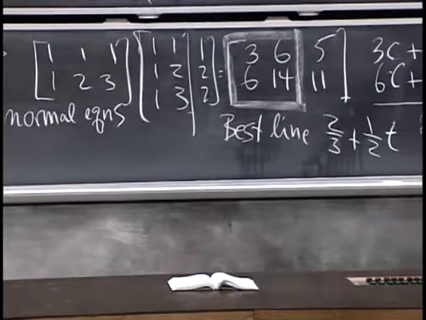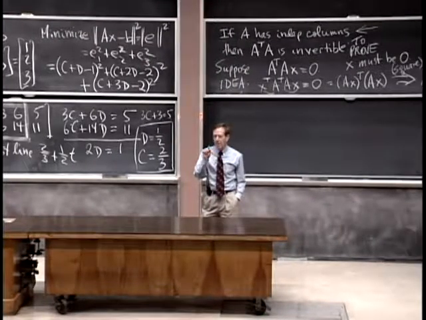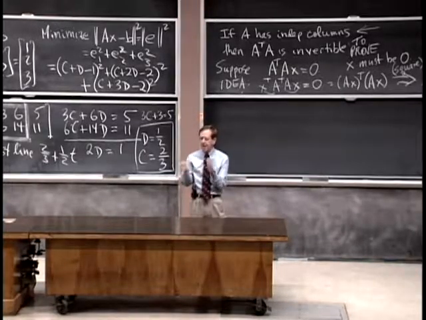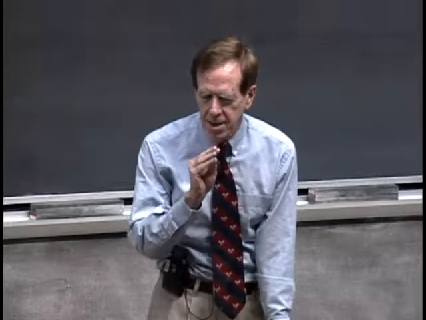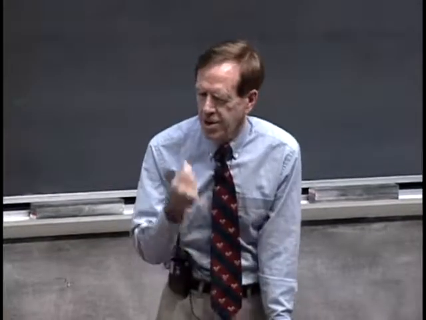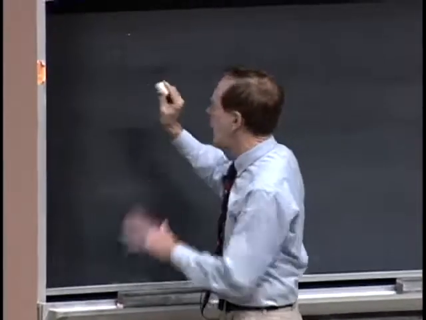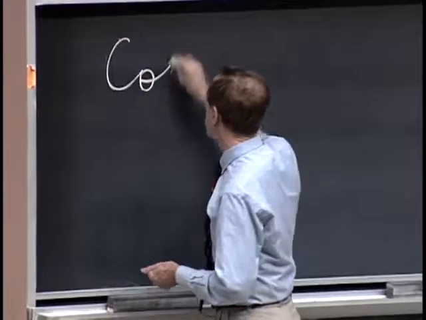There's one case of independent columns where the geometry gets even better. There's one case when columns are sure to be independent, and let me write that down, and that'll be the subject for next time.